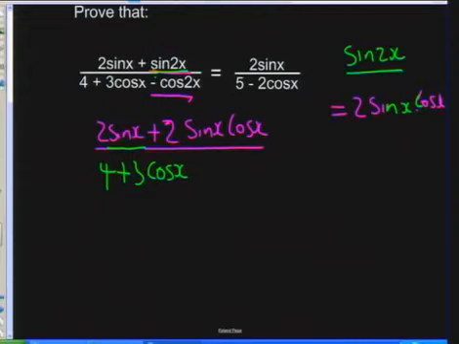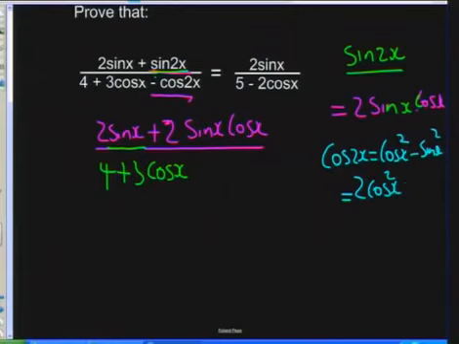What can I do? If you look at your formula sheet, you should have something like this. Cos 2x is equal to cos squared x minus sine squared x. Also, you have that this is 2 cos squared x minus 1.